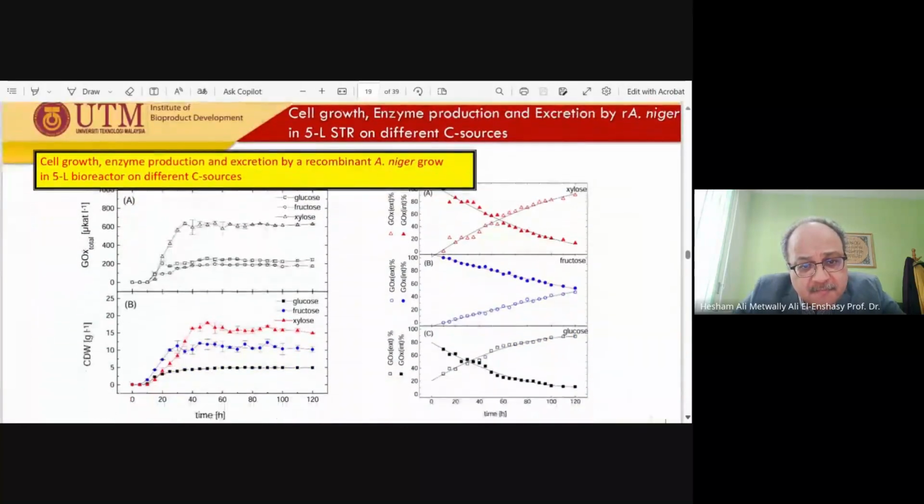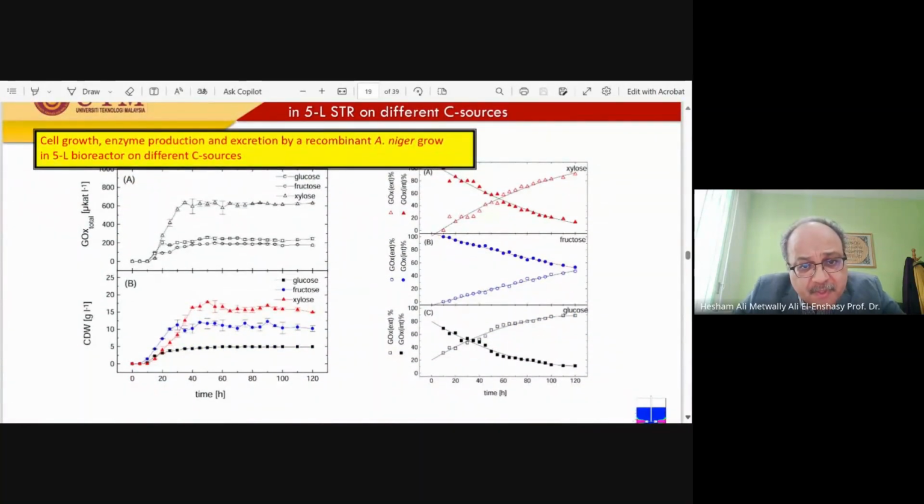If you see here, different cultivations, on the left side, in figure A, you can see that the maximal production is using xylose, followed by fructose, followed by glucose. At the same time for biomass production, the maximum is xylose.